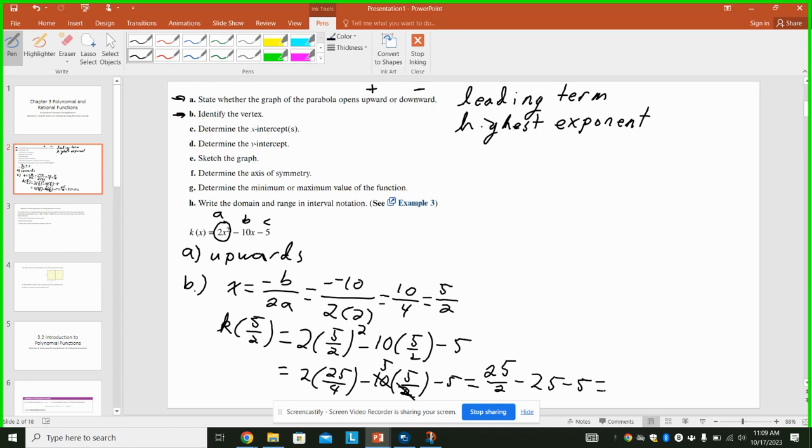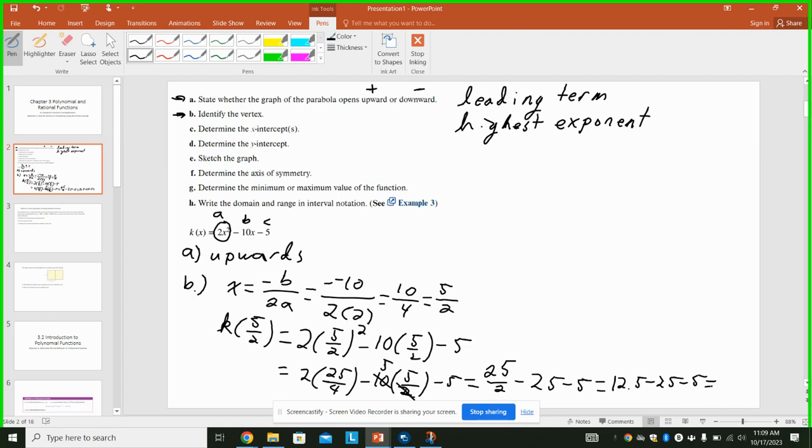12.5 minus 25. Yes, good, it'd be negative 12.5. So 25 over 2 is 12.5, minus 25, minus 5.